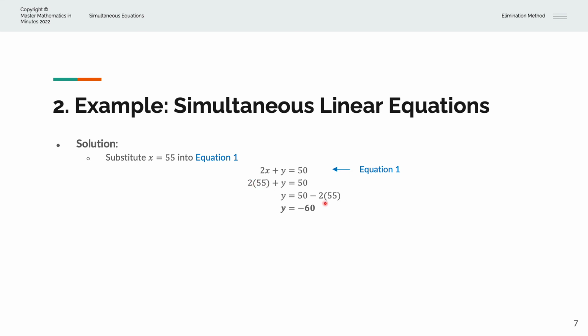And we'll bring that term over towards the right, that becomes minus 2 times 55. And simplifying that, we have y equals minus 60. And we've solved for the second variable, y equals minus 60. And there we go. We've solved for both x and y using the elimination method.